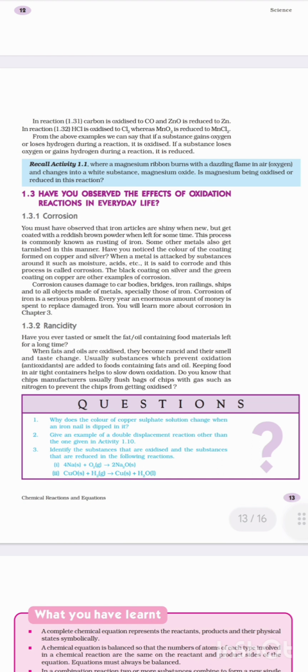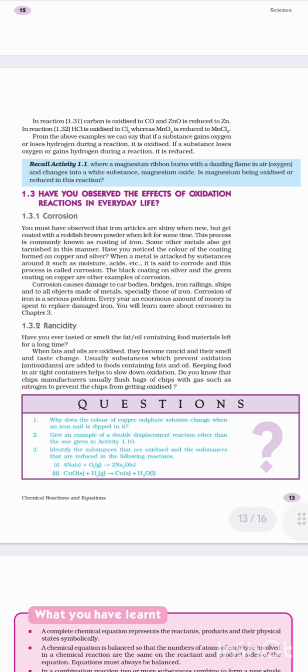So the method to prevent oxidation in food is antioxidants. These antioxidants slow down the process of oxidation. For example, chip manufacturers usually flush bags of chips with a gas such as nitrogen in order to prevent oxidation.